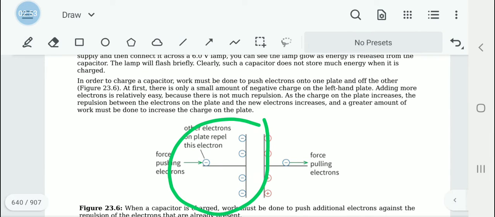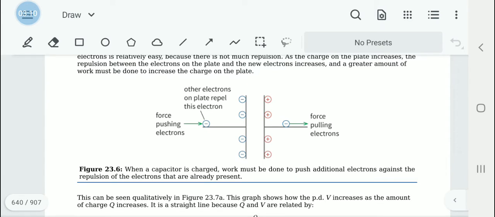So to overcome this repulsion, more work needs to be done. As a result, a higher amount of potential energy would get stored.